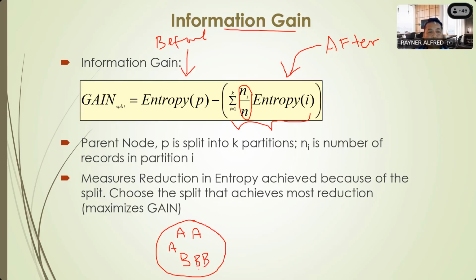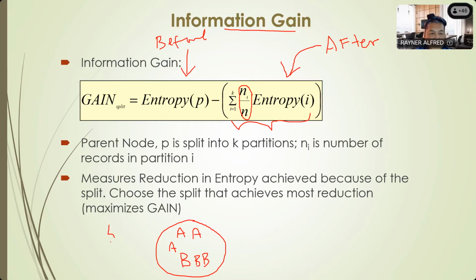Okay, can you guess what the entropy is for this? If you've been listening, what is the entropy for this? The definition of entropy is the measurement of how pure the membership is in that particular group, right? The lowest value shows that they have high purity.